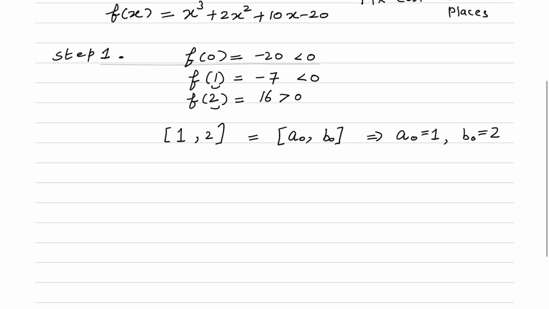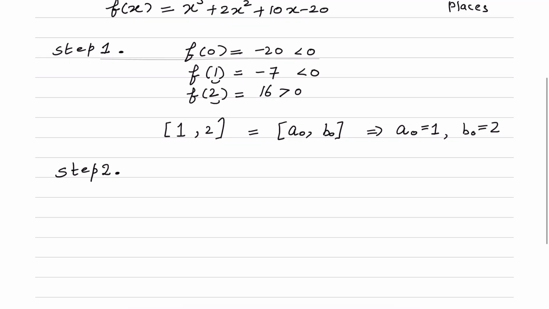After finding the interval, we have to find false points, meaning we have to find c's, and one of these false points will be your root. In step 2, we are going to write down the formula for finding the false points.